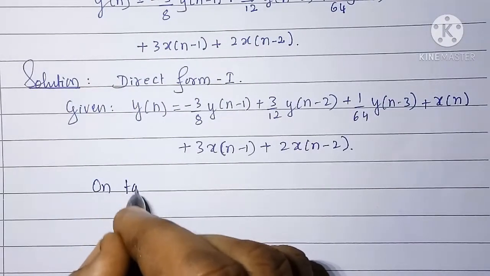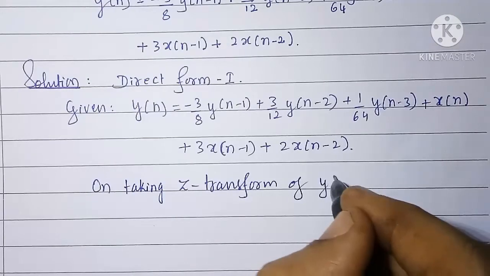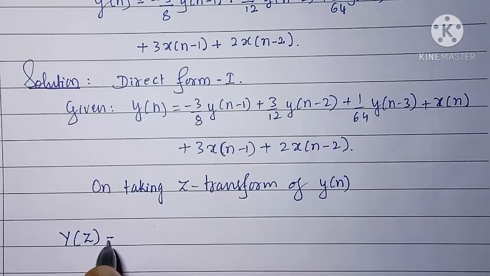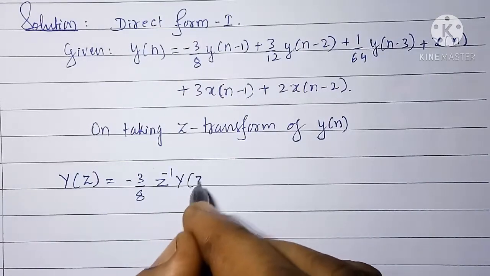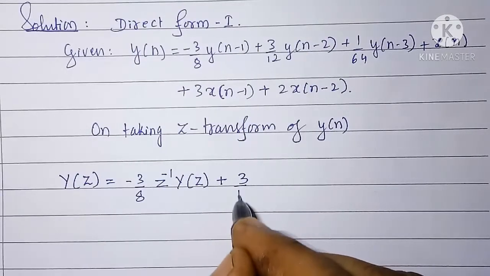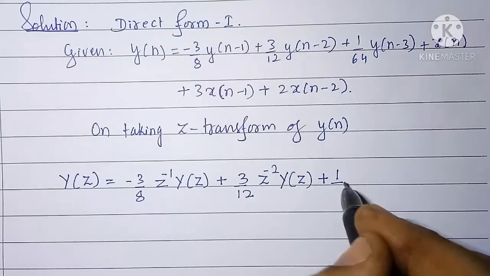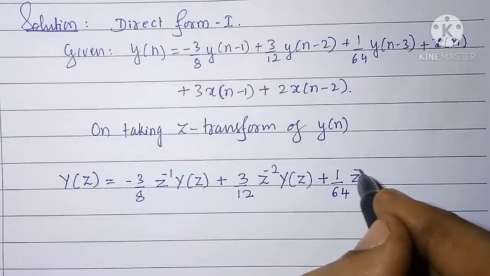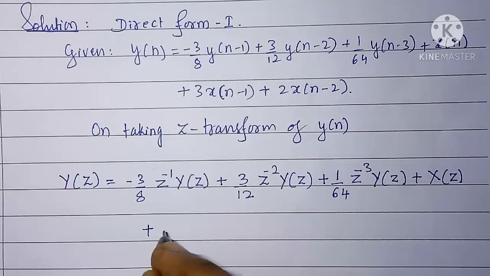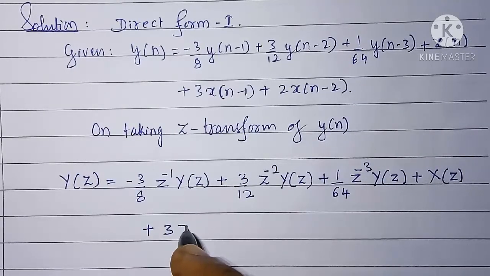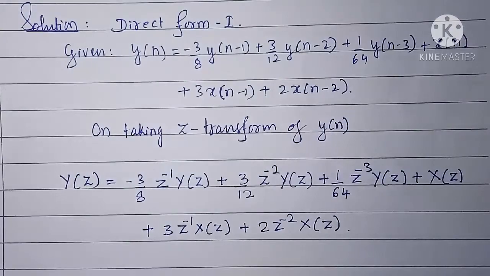On taking Z transform of y of n, we get y of z equal to minus 3 by 8 into z raised to minus 1 into y of z plus 3 by 12 z raised to minus 2 into y of z plus 1 by 64 into z raised to minus 3 y of z plus x of z plus 3 into z raised to minus 1 into x of z plus 2 into z raised to minus 2 into x of z.